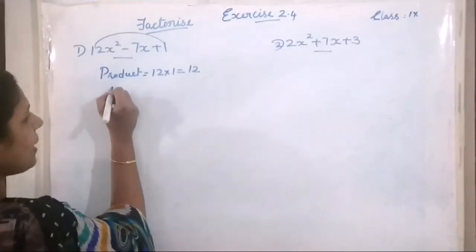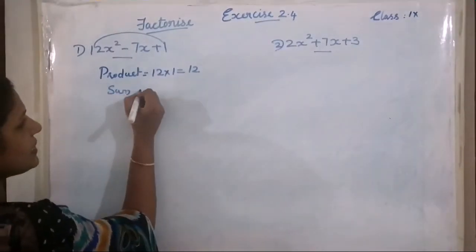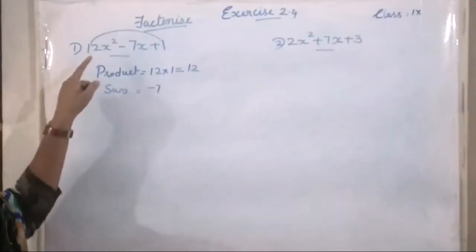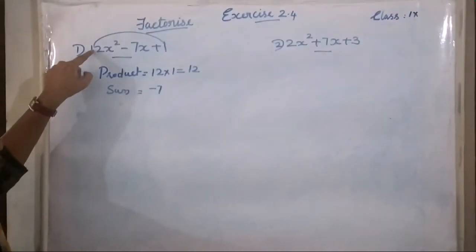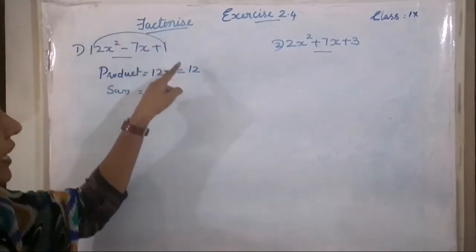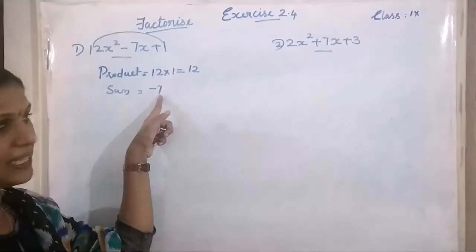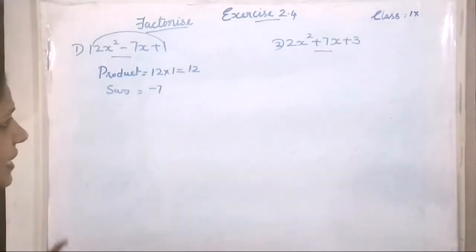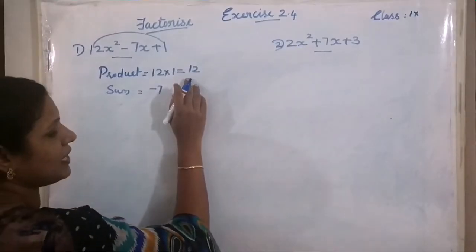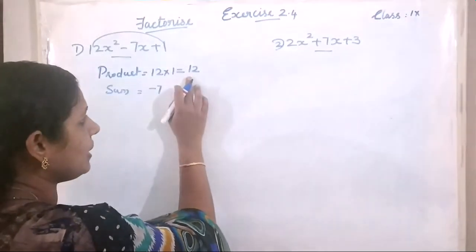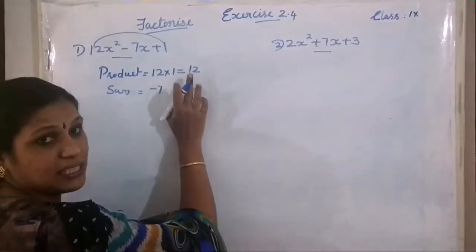And the sum here is minus 7. The product is 12 into 1 is 12 and the sum is minus 7. The next step is to find which numbers multiply to give this 12.